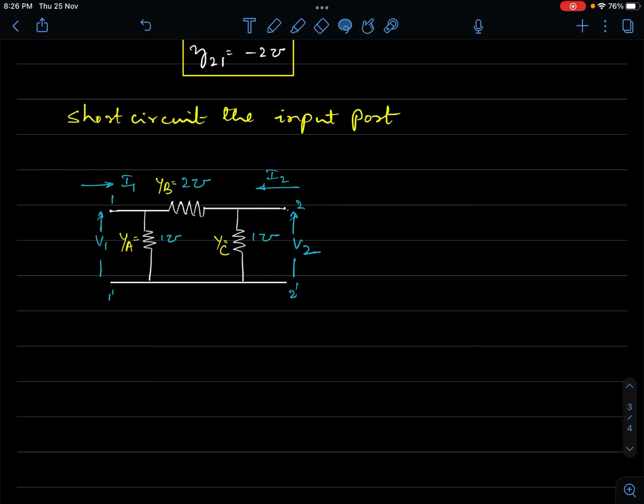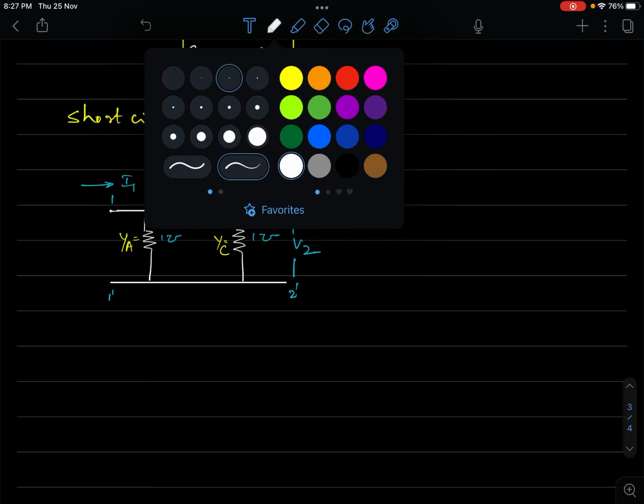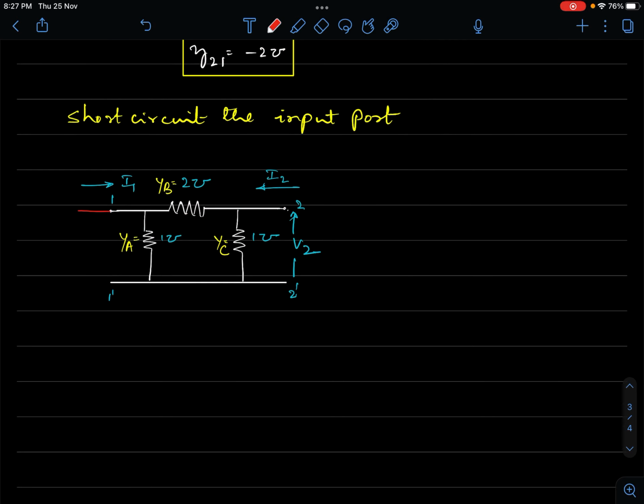Okay, now what we will do is we will try to short this port. Okay, so if we place a short across YA, the voltage is 0 between 1 and 1 dash. Now V1 equal to 0. Okay, this is the voltage, V1 equal to 0.